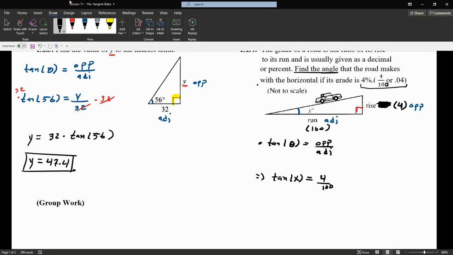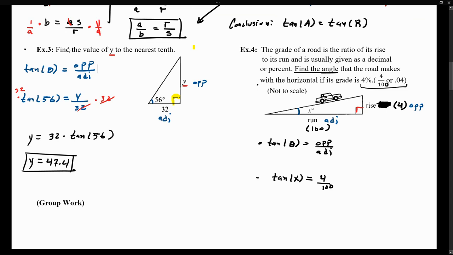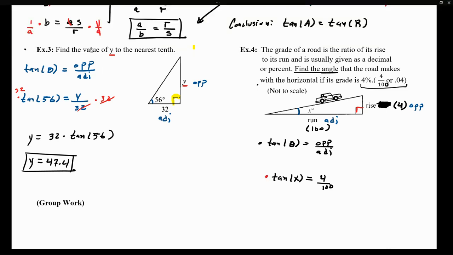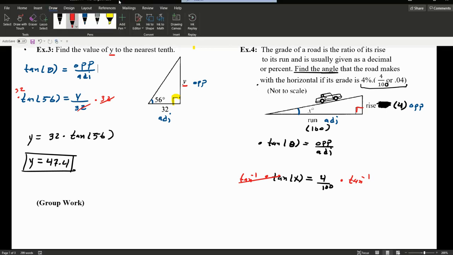And the way that we do cancel out the tangent is to multiply by something that we call the inverse function. The way that we represent the inverse function is the tangent with a little -1 on top of it. Because any function multiplied by its inverse will always cancel out.